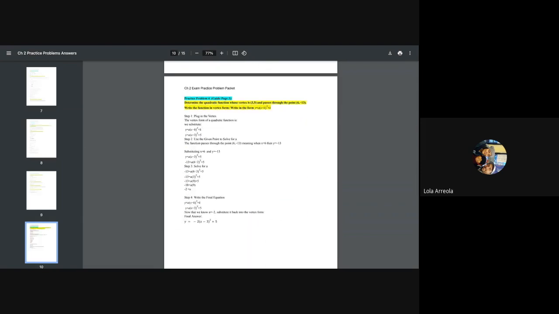Okay, so now we have practice problem 4. Determine the quadratic function whose vertex is (3, 5) and passes through the point (6, -13). So the vertex is (3, 5), let me write that down. Let me clear this tab now.